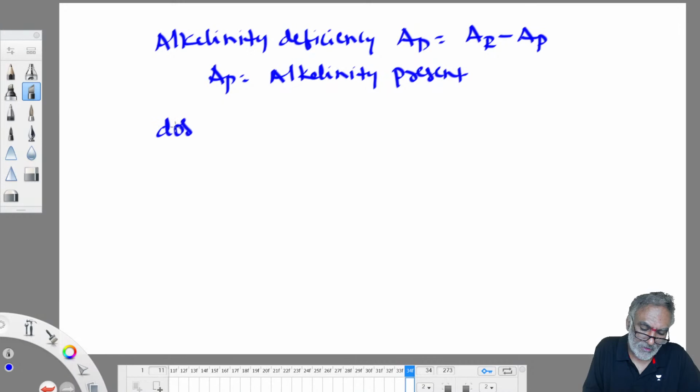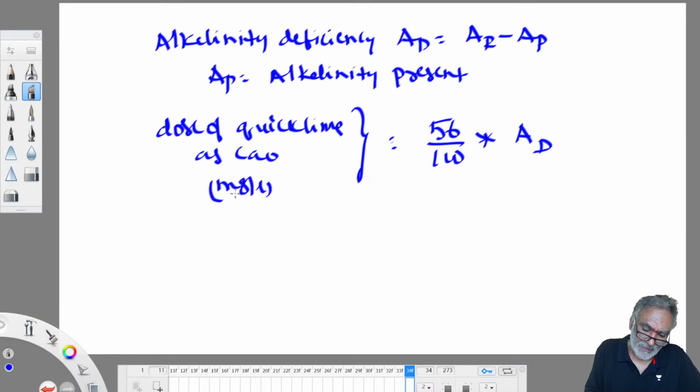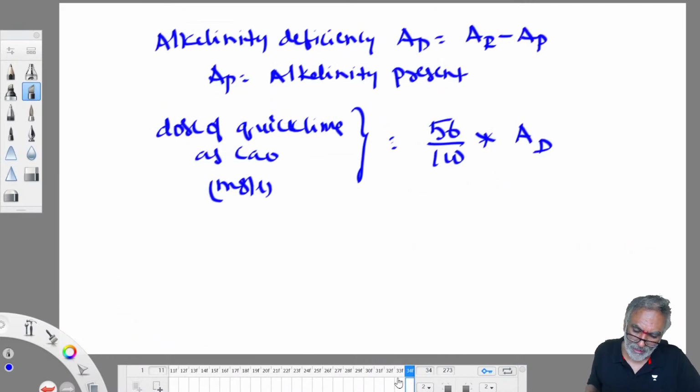So the dose of lime required, or quick lime required as CaO, is equal to 56 by 100 into alkalinity deficiency. We get this in milligram per liter, here also as CaCO3. Alkalinity is expressed in terms of CaCO3.